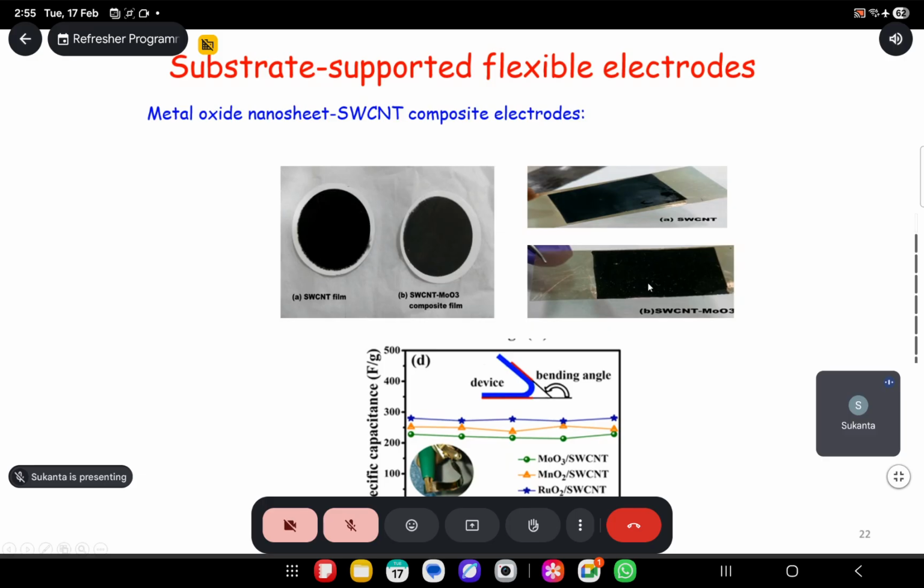Then we can make a sandwich, and in between there will be electrolyte to form a supercapacitor. So this shows a good flexible supercapacitor. We have done the bending test, and we have seen that with bending there is no such change in the capacitance value. So this might be a good flexible supercapacitor.